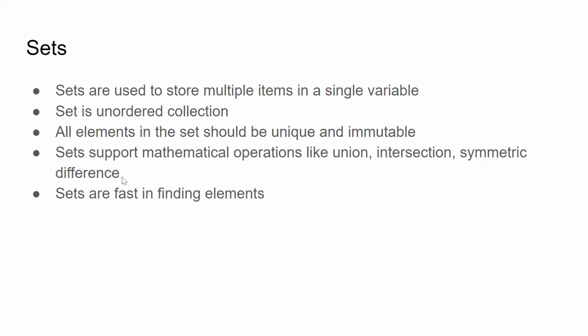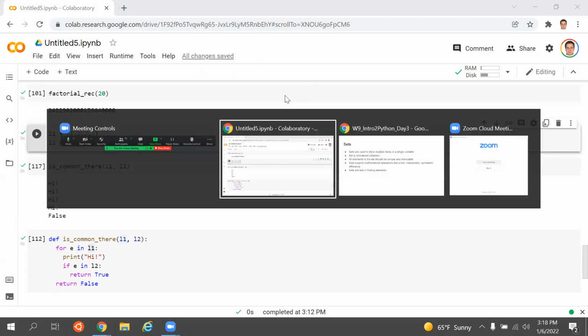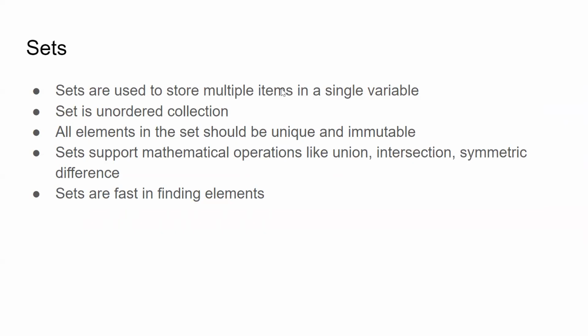For example, if you ask if 4 is inside the set, it has some tricks to tell you very fast if it's there or not. But this topic is related to data types, and we are not going to discuss it here. Here we just know that it has this property.